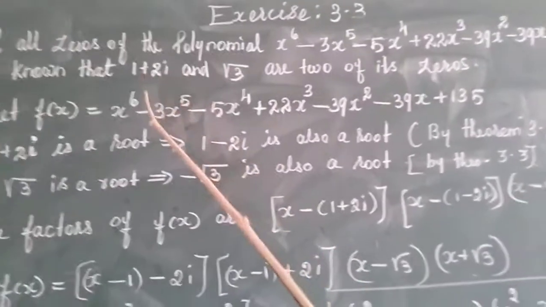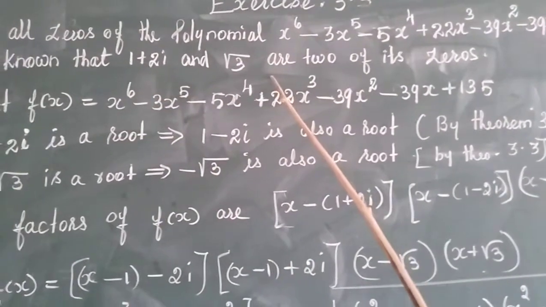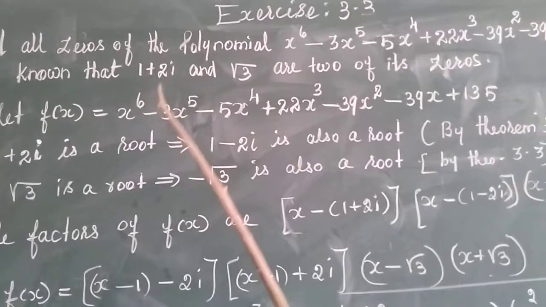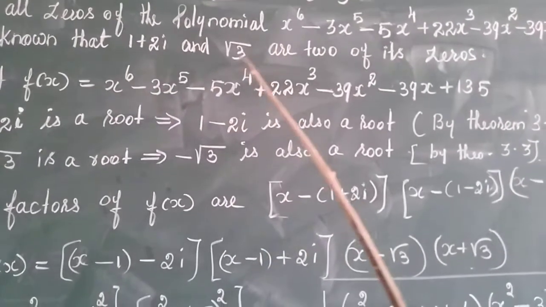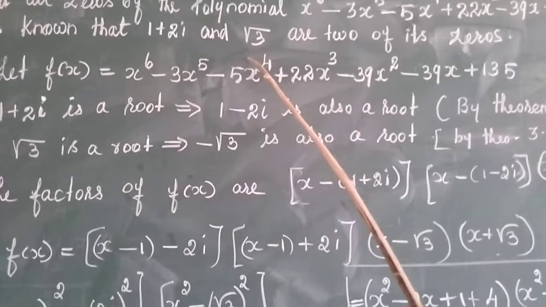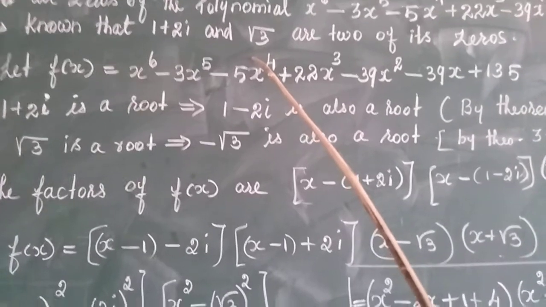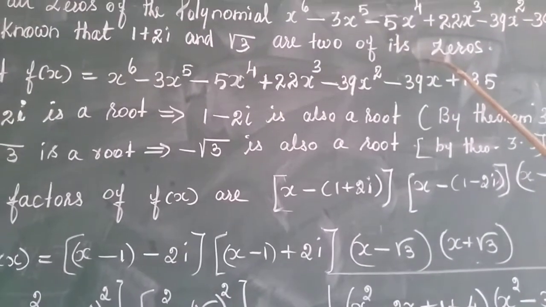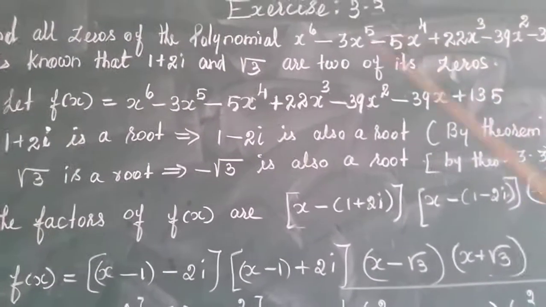They have given two values of x: x equal to 1 plus 2i, and another value of x equal to root 3. We have to find 4 more values of x, that is, we have to find the zeros of this polynomial.